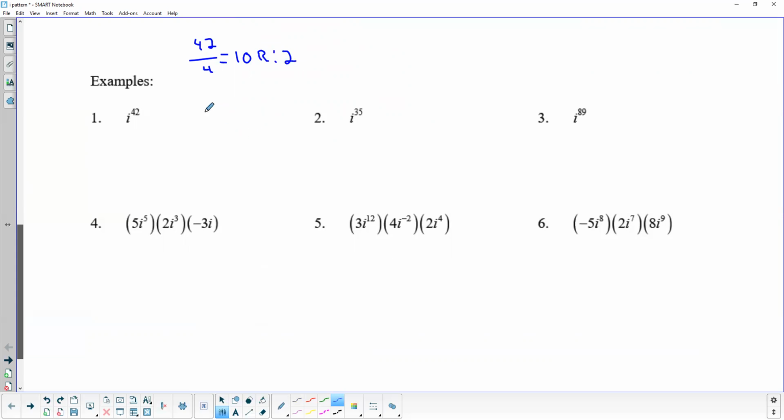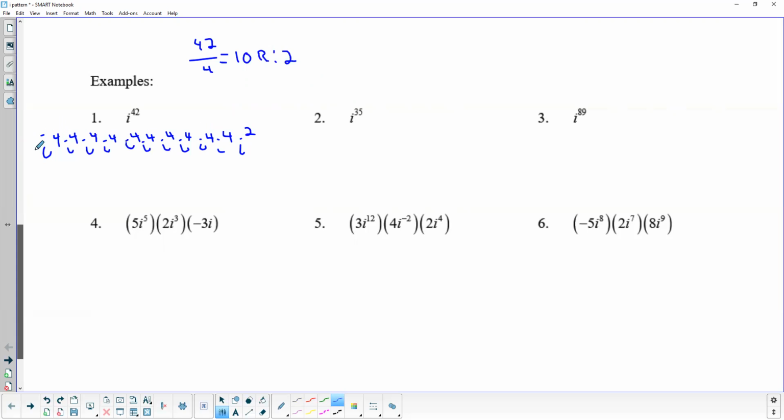If you were going to write this out 10 times, imagine there are 10 of those i to the 4ths, and at the very end would be an i squared.